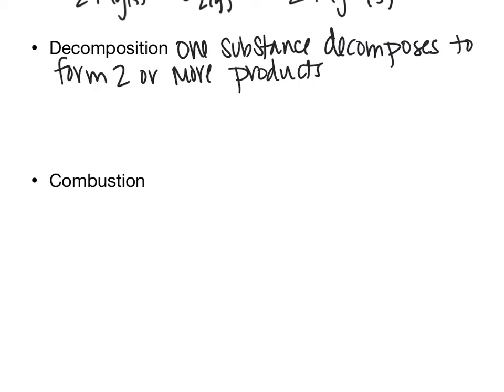And so this also usually happens with heat. So if we have a substance D decomposes when you heat it up to make E plus F. So in this case, our single reactant, when you add heat, is going to create 2 products. So in this case, one example would be nitrogen gas.